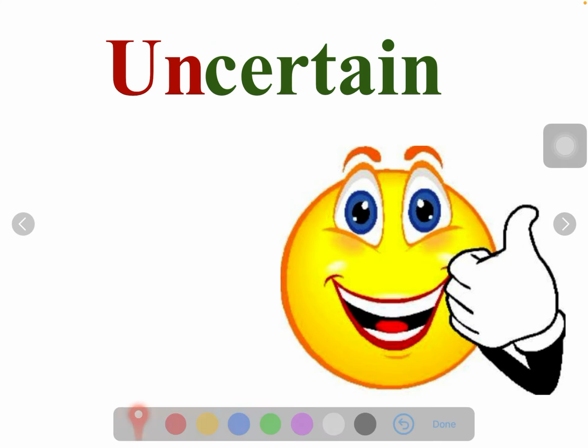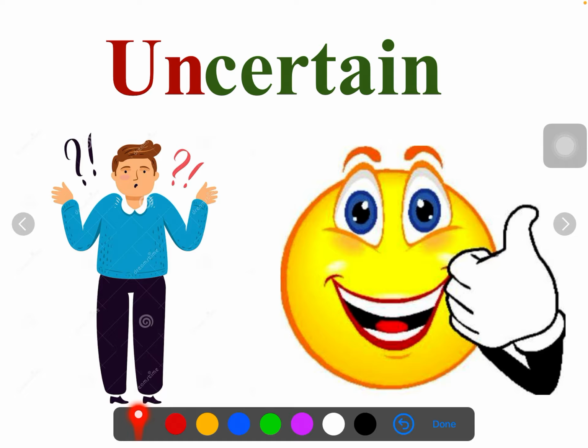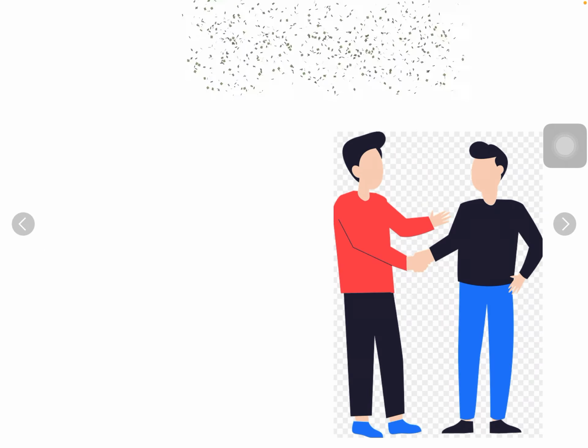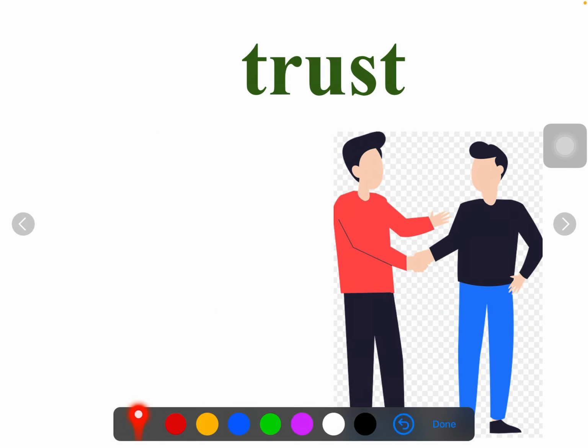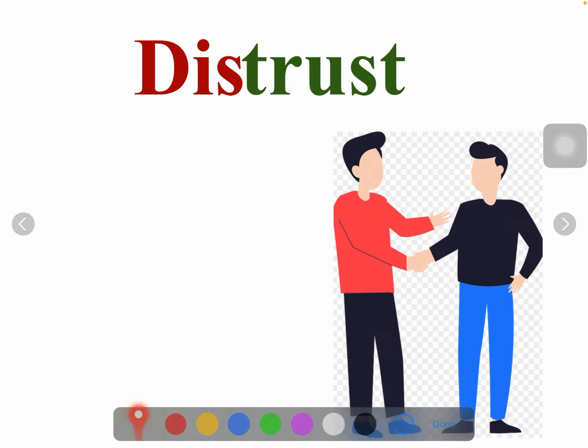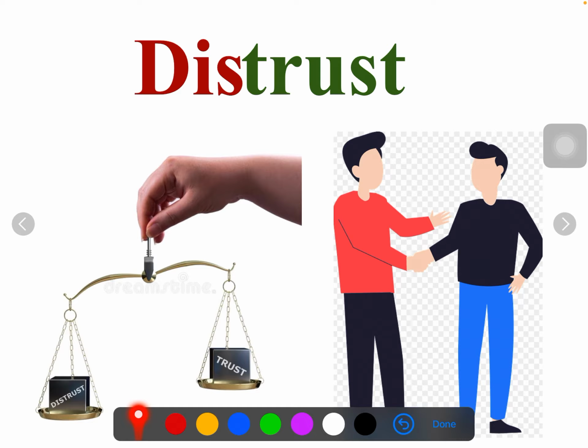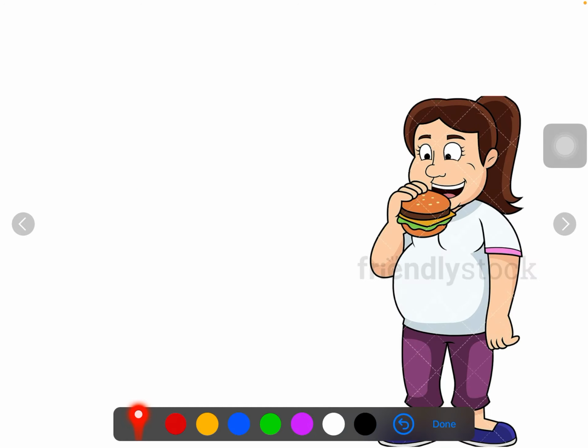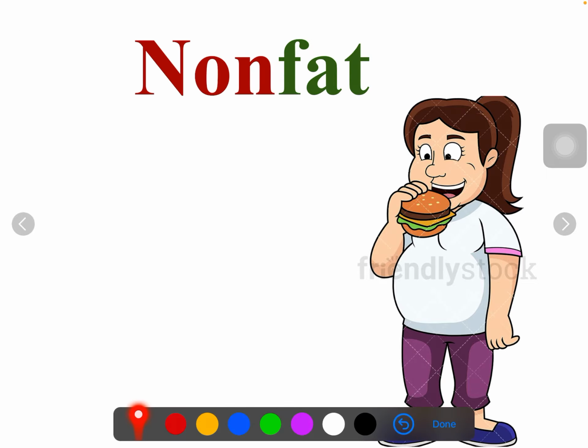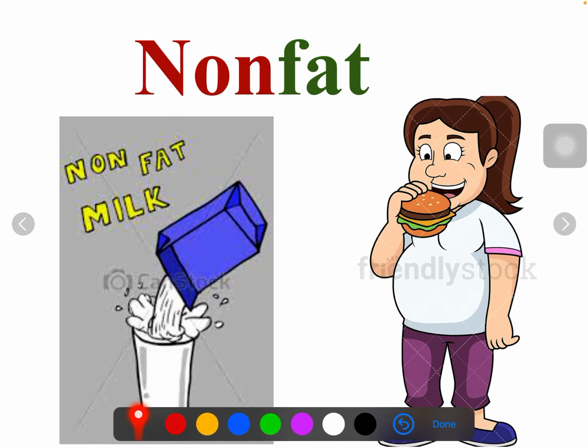But uncertain means I'm not sure, maybe yes, maybe no. Trust, when you say I trust you, I believe you. So by adding the prefix dis, distrust means I cannot trust you. I cannot believe you. The word is fat. Fat, as you see in the picture. Non-fat, like healthy food, like the milk, is non-fat.